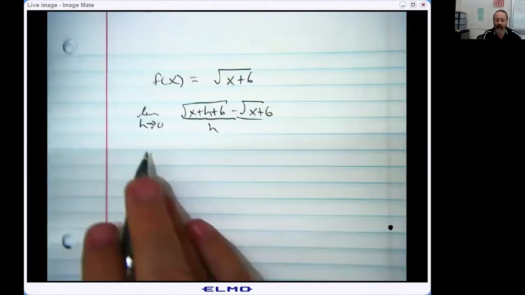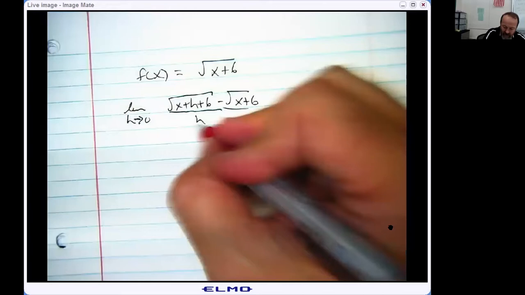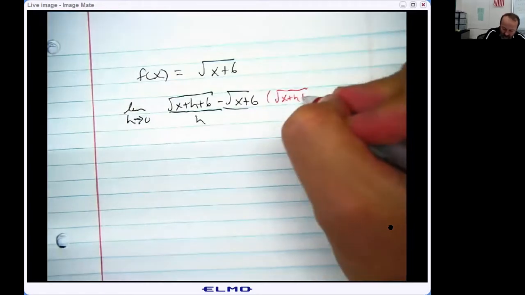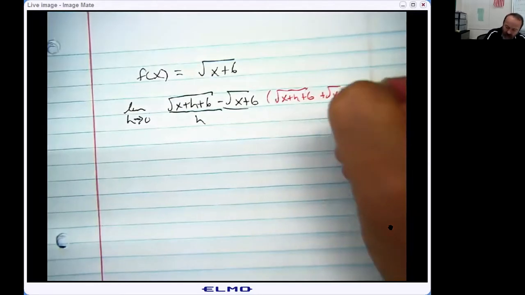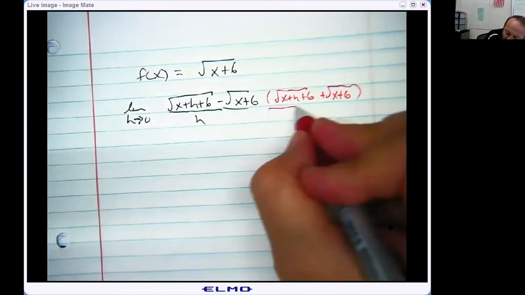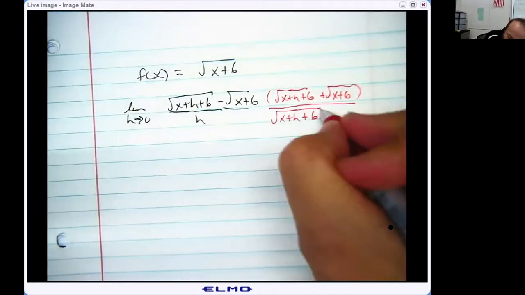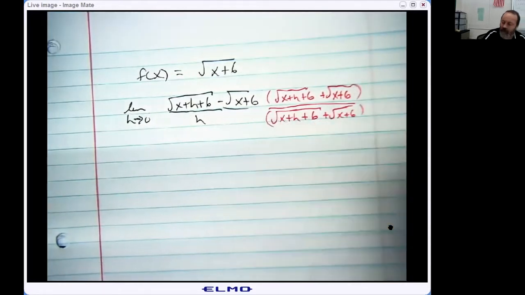Now, don't forget, we're really hoping this original denominator is going to go away, so I'm going to use the conjugate of the numerator, because I'm hoping I can do something good to make the numerator have an h in it so that I can make the original denominator go away.